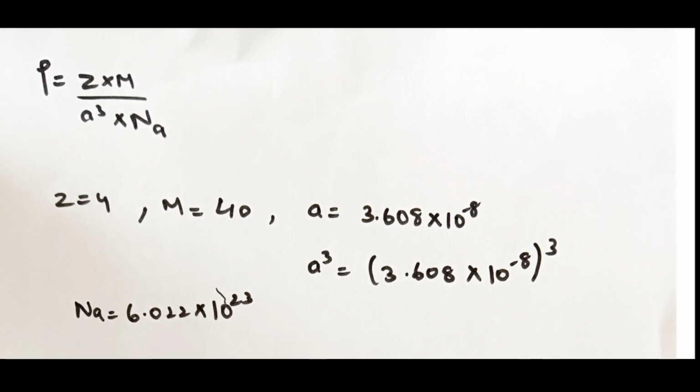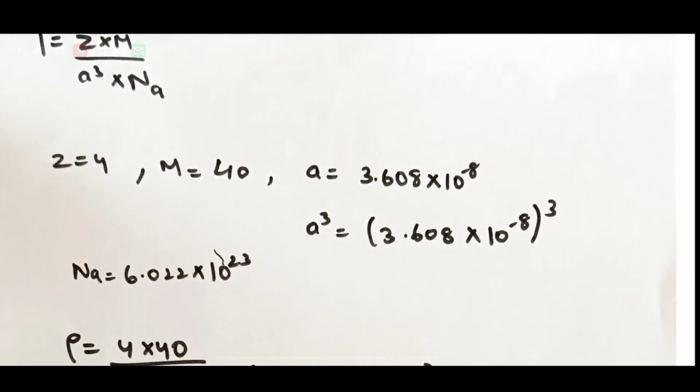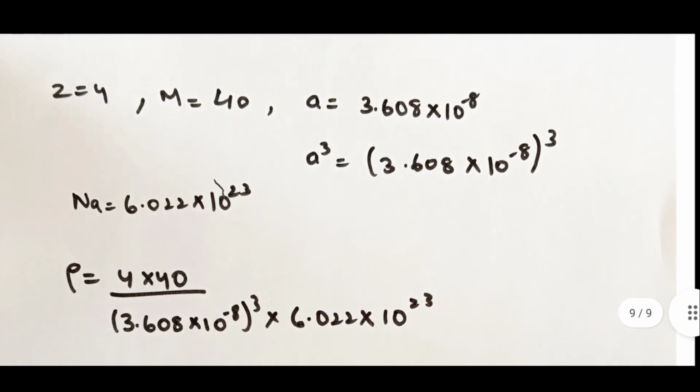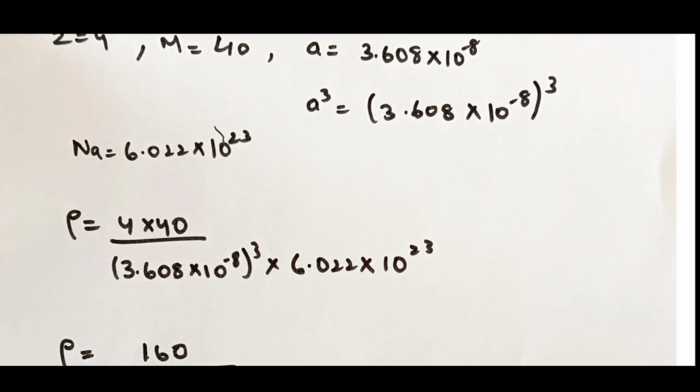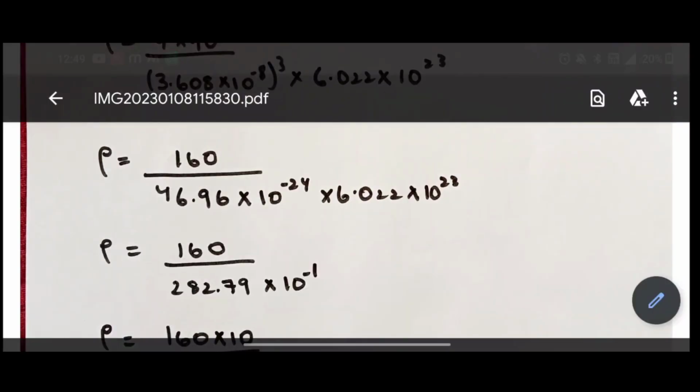Edge length is given in the question, so edge length is 3.608 into 10 raised minus 8. So a cube will be 3.608 into 10 raised minus 8 to the whole power 3. And Avogadro's number, we know that it's 6.022 into 10 power 23. So substitute in the formula: 4 into 40 by 3.608 into 10 raised minus 8 to the power 3 into 6.022 into 10 power 23.